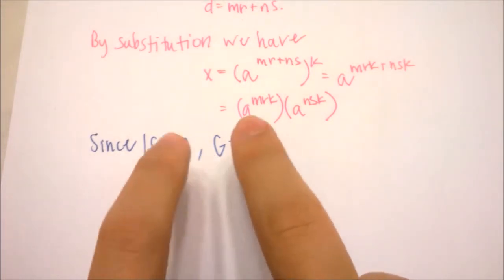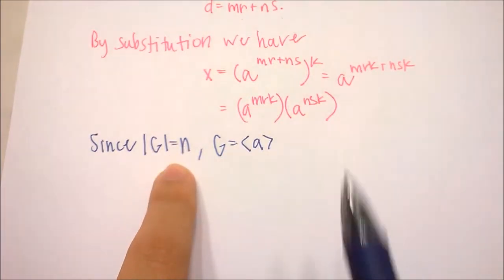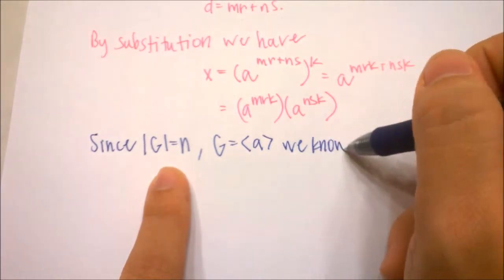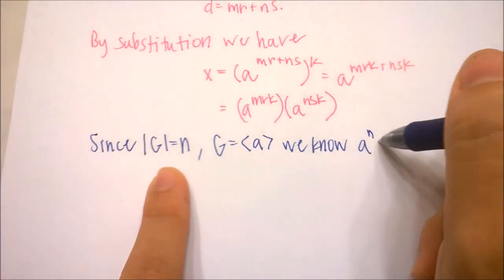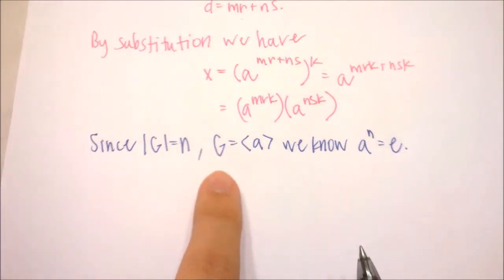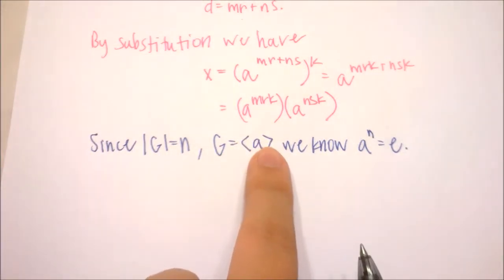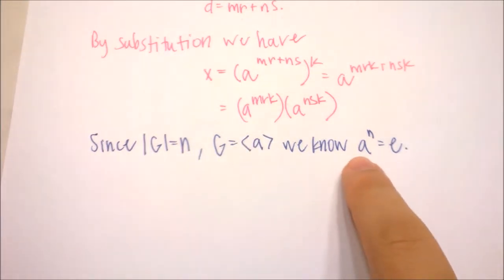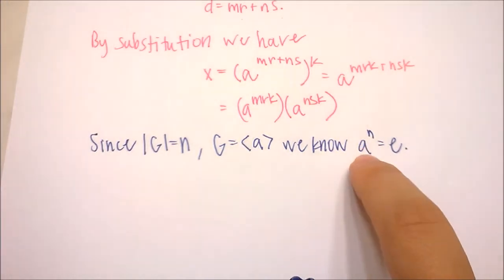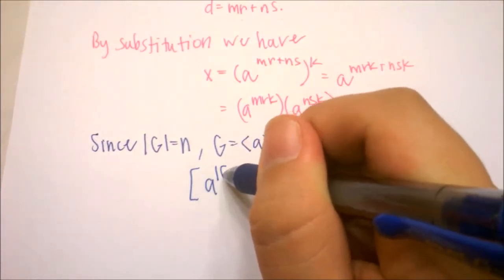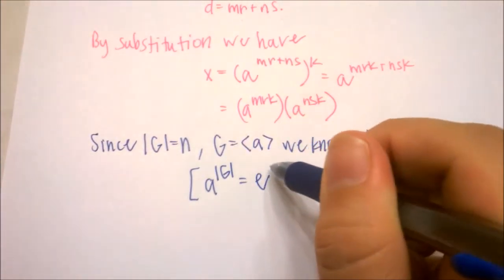Since these two things are true, we know A to the n is equal to the identity. If you have a group generated by A, and it's a finite group with order n, you can always say A raised to the order of G equals the identity.